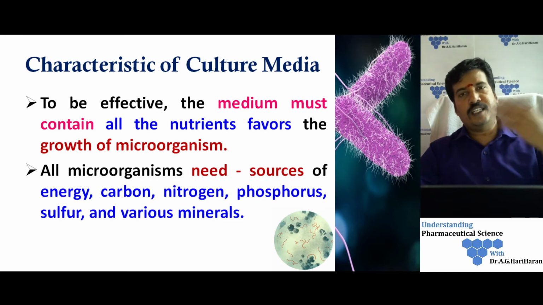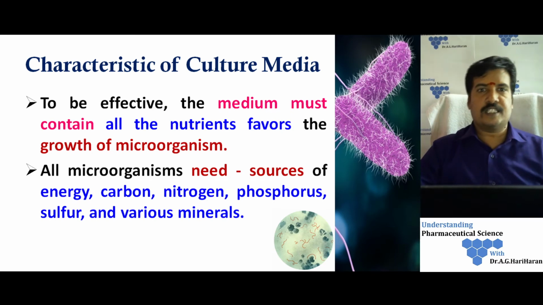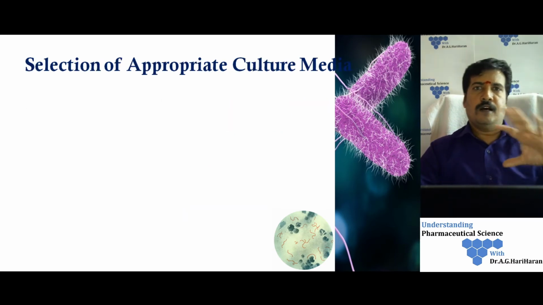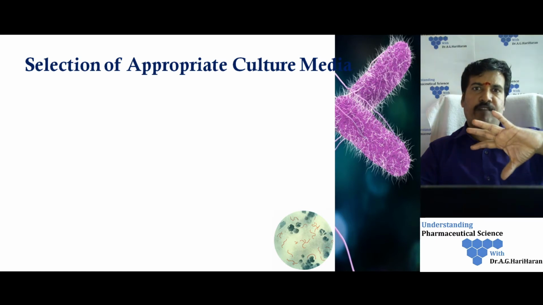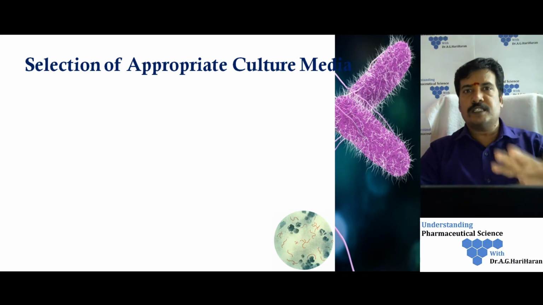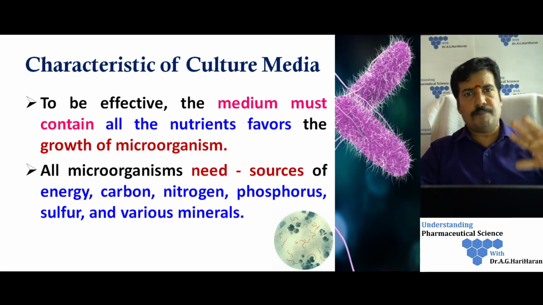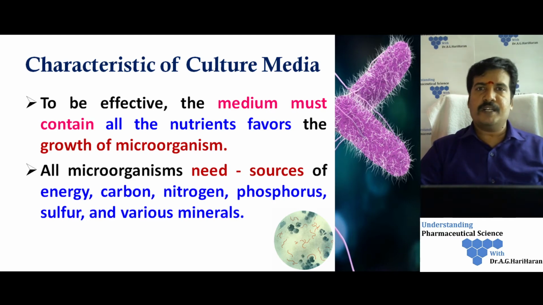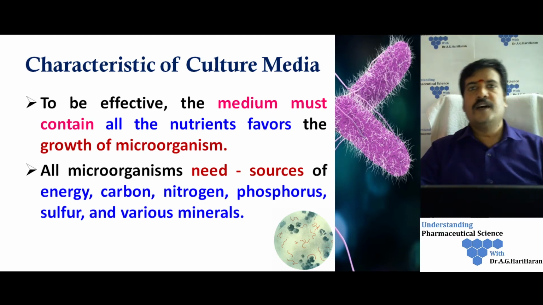So if you see the various characteristics of this culture media, it generally includes that we have to favor the growth of the bacteria, both in terms of the chemical constituents as well as in terms of the hydrogen ion concentration, the pH of the media. For example, some culture media will favor the growth of bacteria but not the growth of fungi.